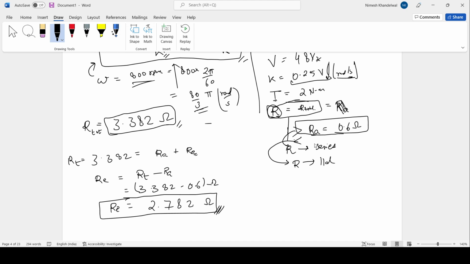If the total resistance is greater than the existing resistance of the circuit, right now the only existing resistance was the armature resistance, then we need to add an extra resistance in series in the circuit. And if the total resistance is less than the existing resistance, then we need to add a resistance in parallel. That is the only thing that you need to remember. That is it.